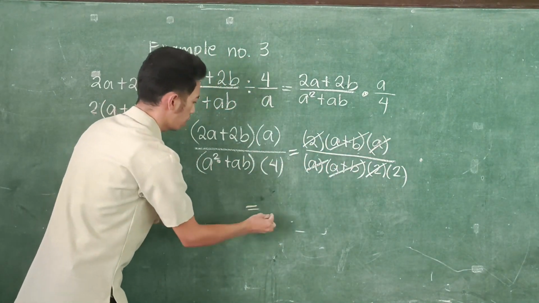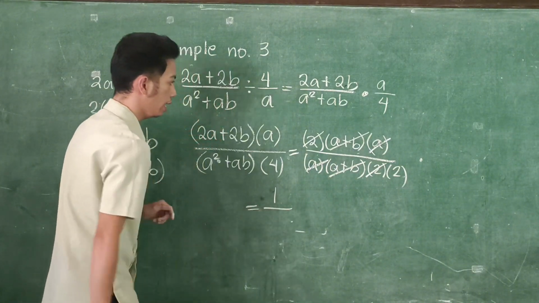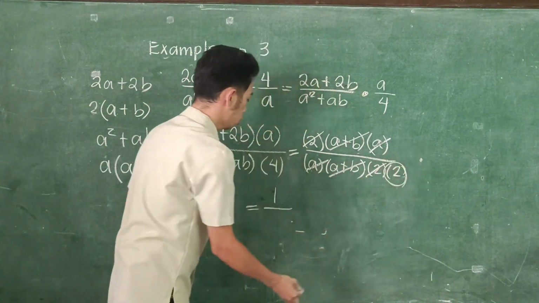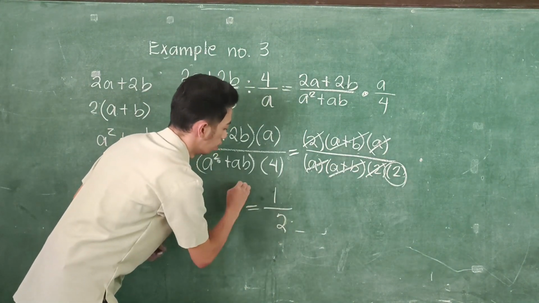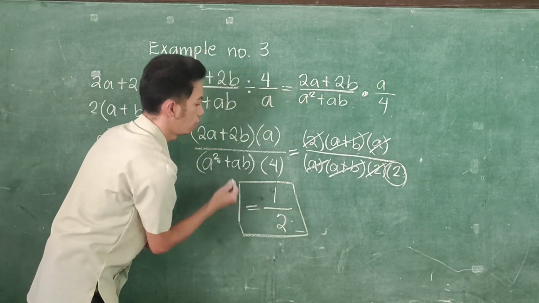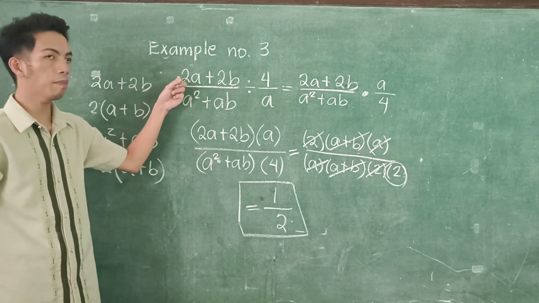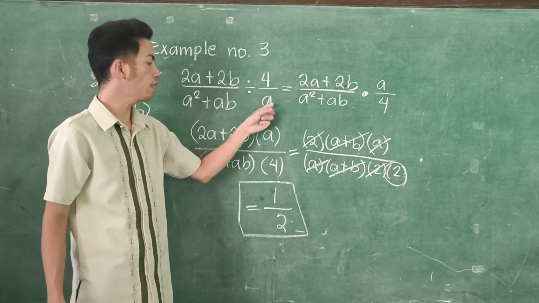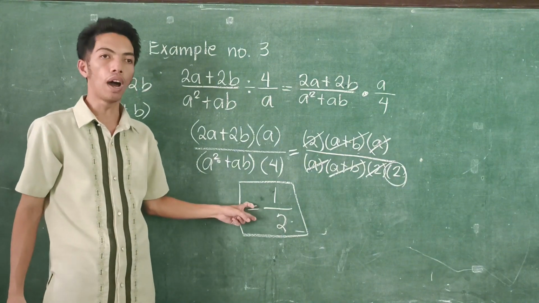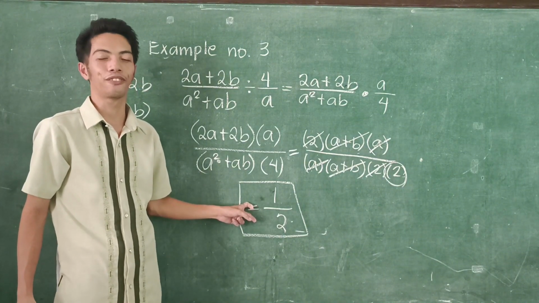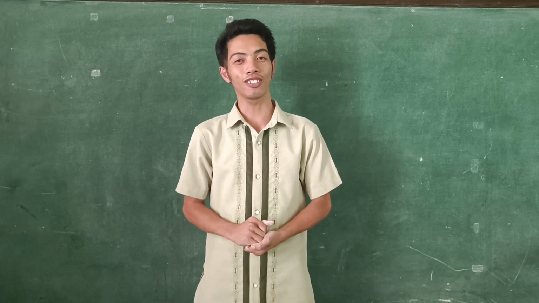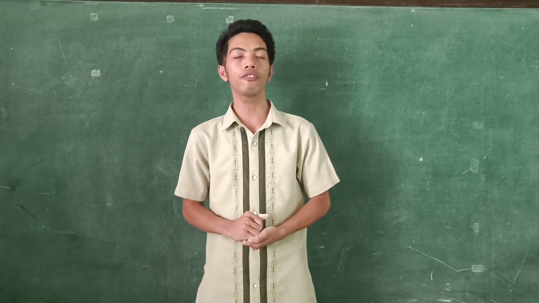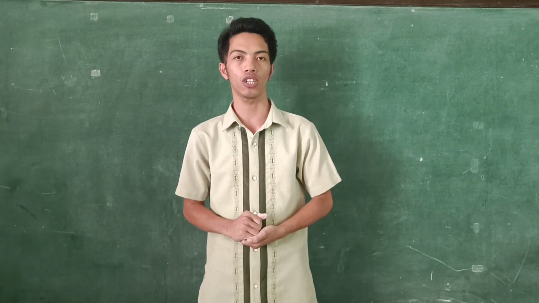So the numerator is equal to 1 divided by, ang natira sa denominator ay 2. So the quotient of 2a plus 2b over a squared plus ab and 4 over a is equal to 1 over 2 or 1/2. And that is all for my video lesson about multiplying and dividing rational algebraic expressions.